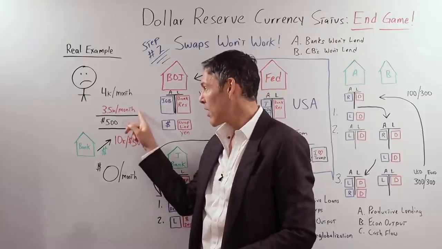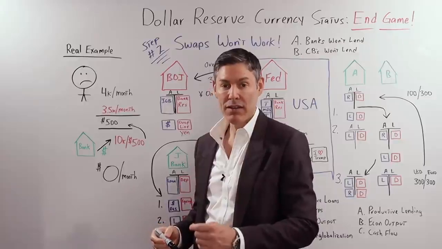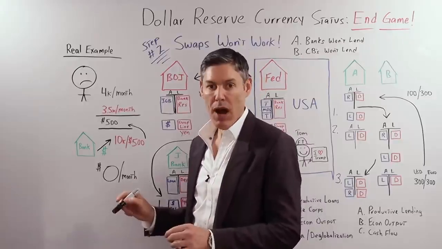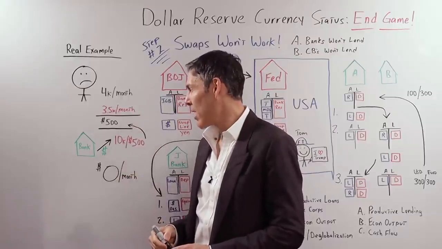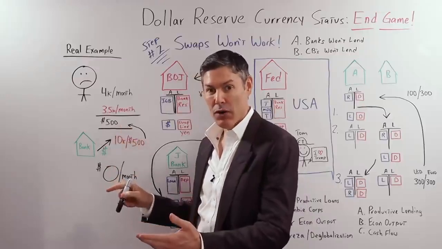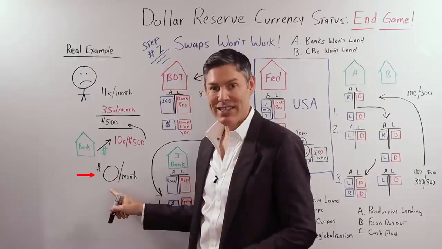So now you can make that full $3,500 payment plus take care of the $1,000 additional expense you had. The problem is now you have an additional $500 a month payment. So before you had $500 a month left over for groceries, for gas, now you have zero.